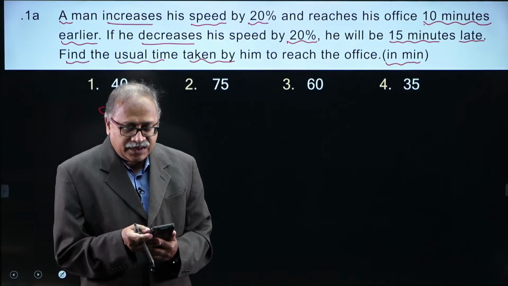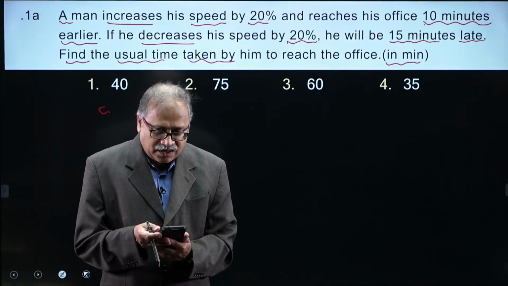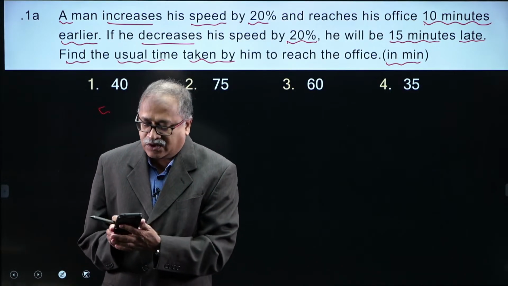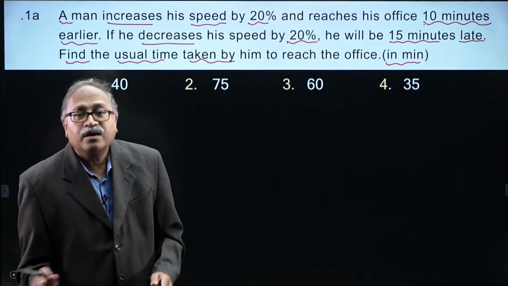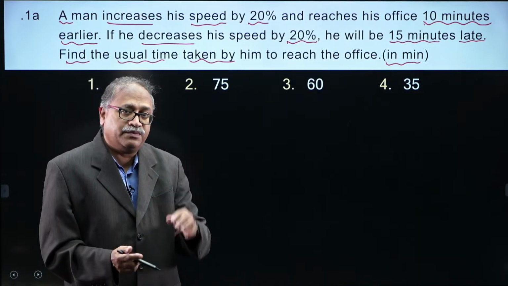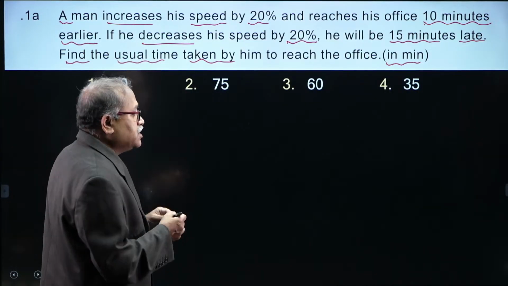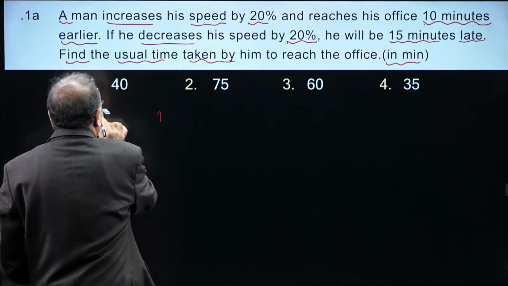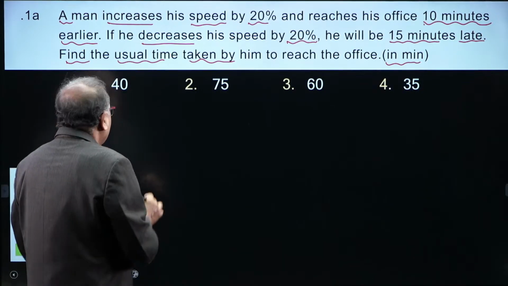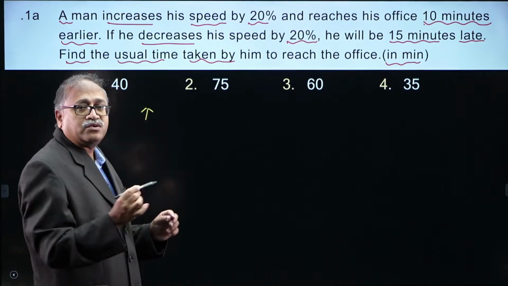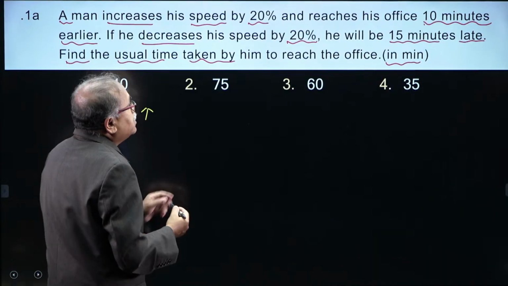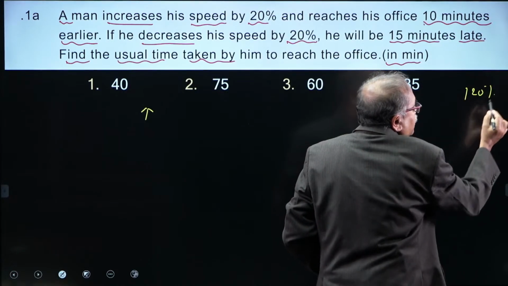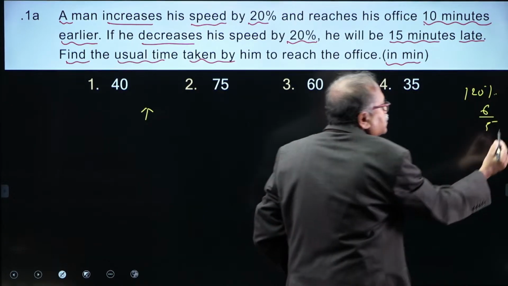Okay. I will explain it. You will see that this kind of question is usually very basic, but sometimes logically wrapped. Look at this, how simple. It is based on the very basic concept. When the speed is increased by 20%, that means it becomes 120%, and 120% as a fraction is nothing but 6 by 5.